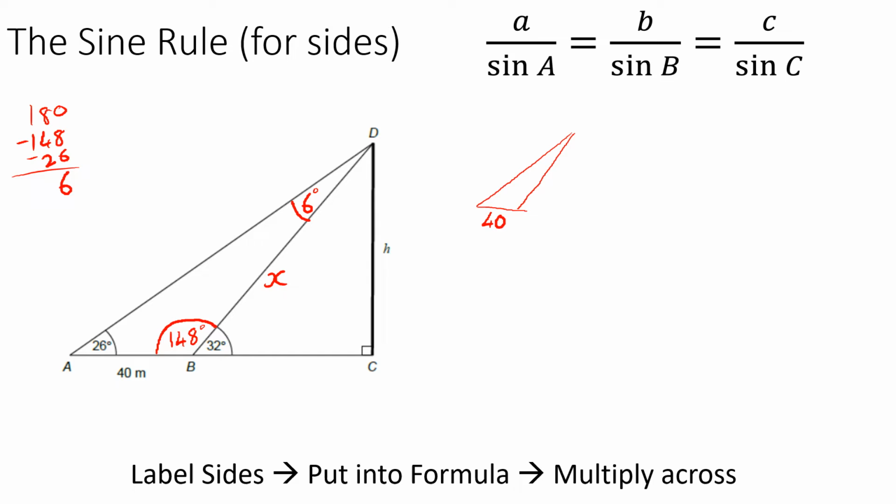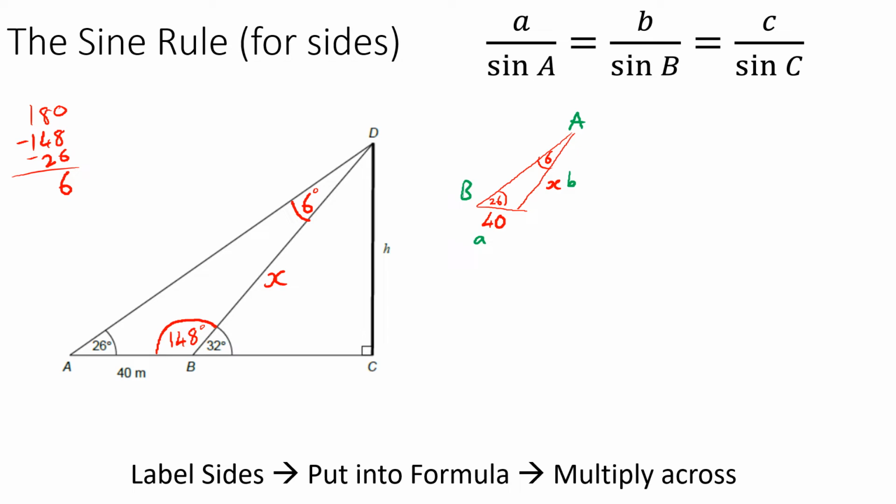So what do we want? Well, it's the sine rule, definitely, because this is not a right-angled triangle. We would like the angle that's opposite the 40, so that's 6, and we want the angle that's opposite x, so that's 26. Okay, great. So we could maybe label up our sides here. We've got angle A, side A, angle B, side B. And then we could stick this into the formula.